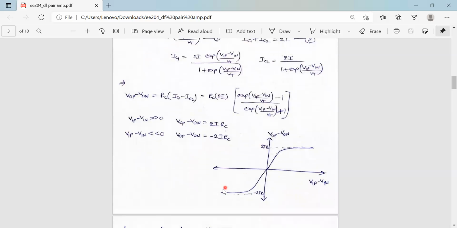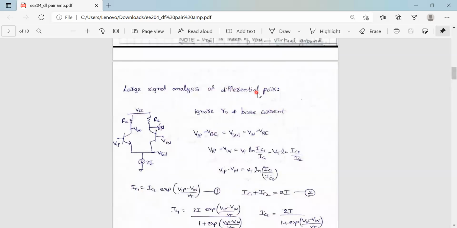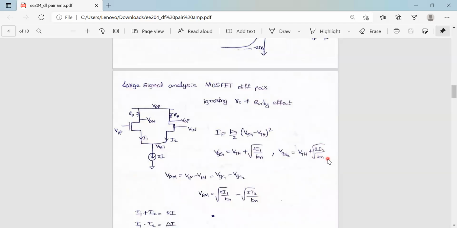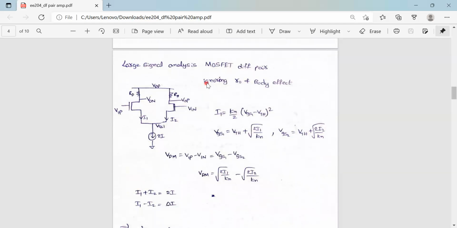If we draw a graph for a differential pair amplifier formed using BJTs, we get a graph like this. At infinity, it converges to 2I RC. Now see the large signal analysis for the MOSFET differential pair amplifier.